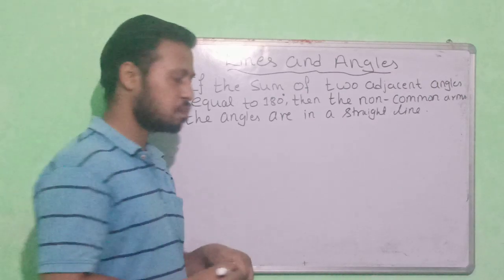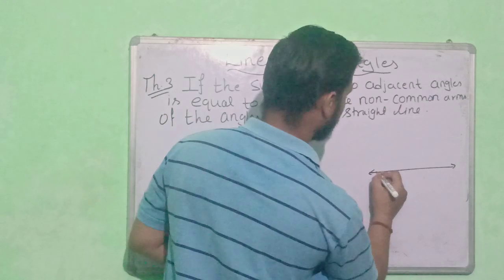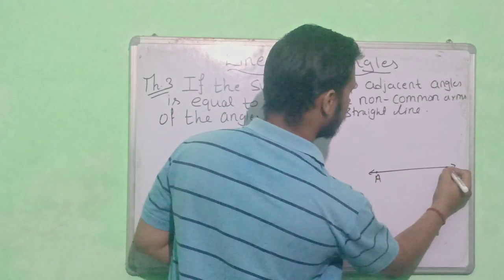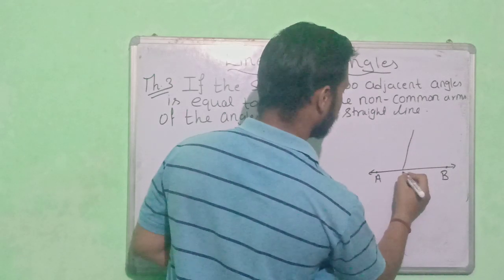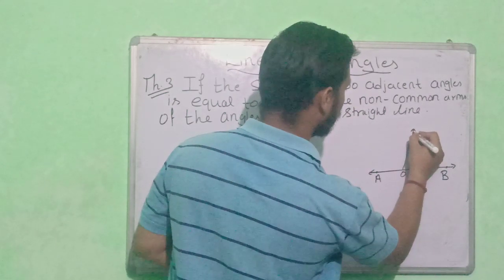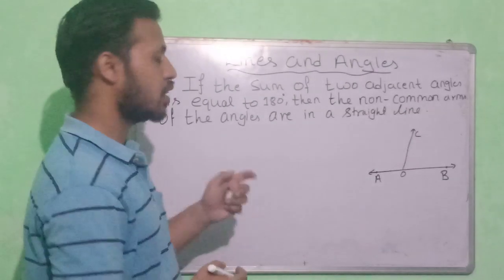I will draw a diagram. This is a line A, B, this is a ray, we can name it O, C, this point C. What is given to us?